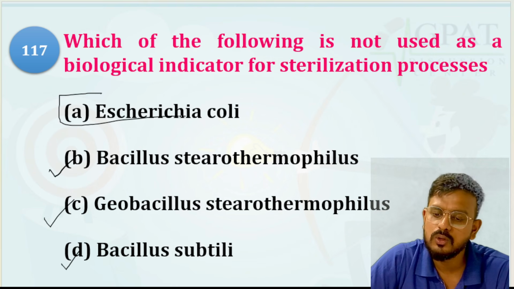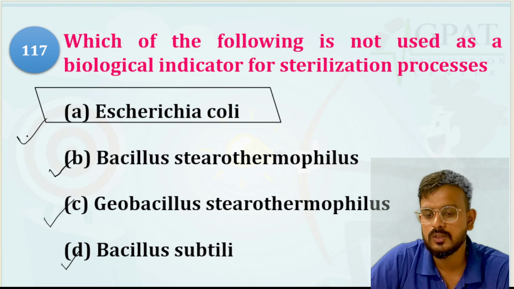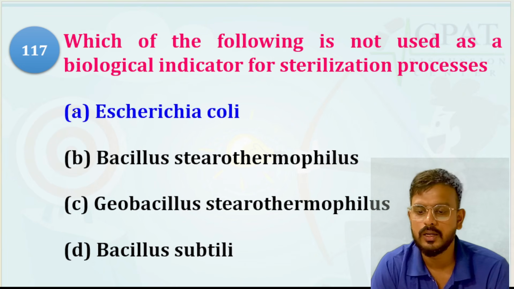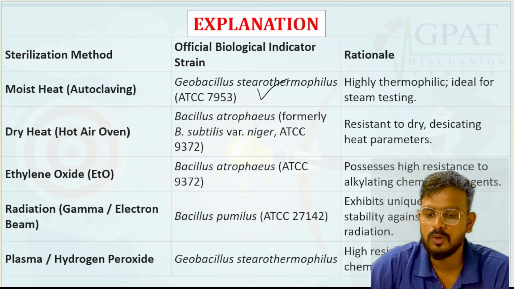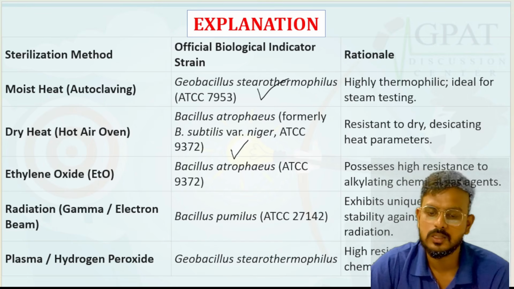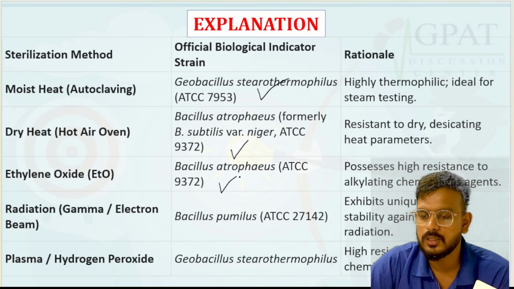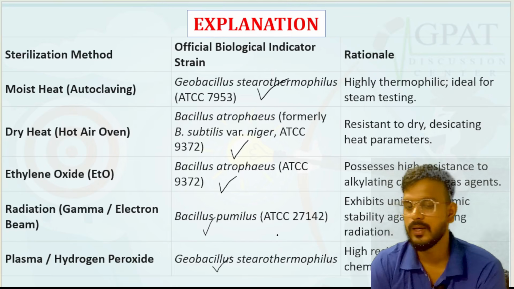E. coli is not used as an indicator for the sterilization process. So option A is the correct answer. For moist heat, Geobacillus stearothermophilus. For dry heat, Bacillus atrophaeus and Bacillus subtilis. For ethylene oxide, Bacillus atrophaeus. Radiation, Bacillus pumilus. Plasma hydrogen peroxide, Geobacillus stearothermophilus. E. coli is not used.